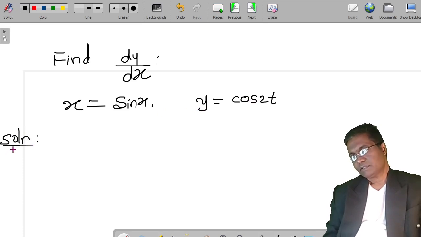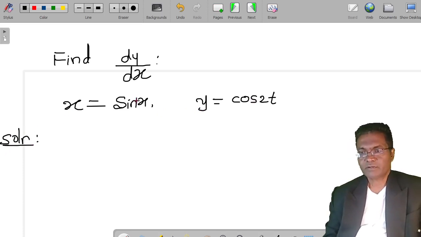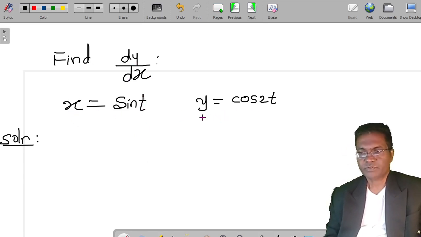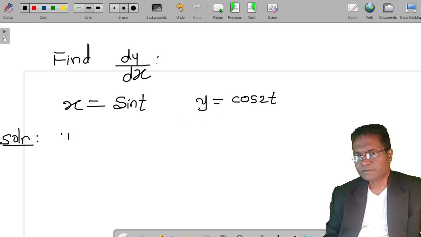So, sorry, x equal to sin t, y is equal to cos 2t. So here x and y are functions of t. So differentiate with respect to t.